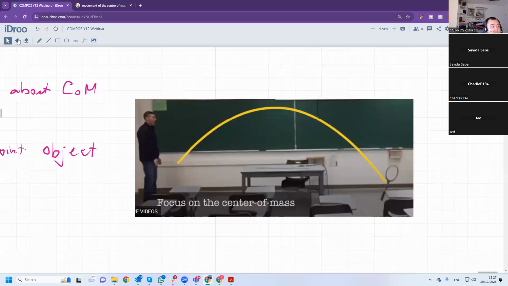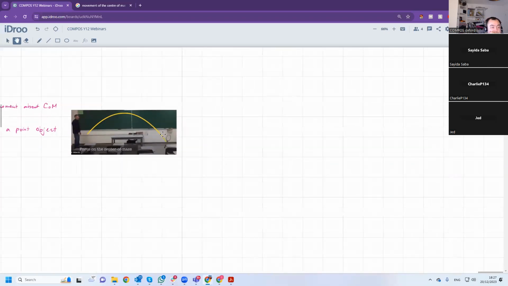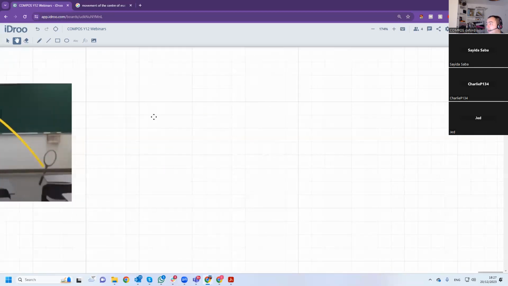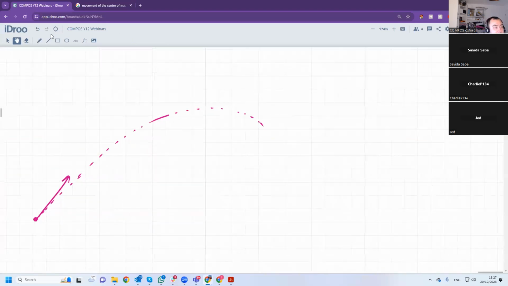Okay, so if he was throwing, for example, a firework that exploded halfway, let's say you have a projectile launched. The projectile would follow this path. And then let's say it exploded halfway. Somewhere here it exploded.